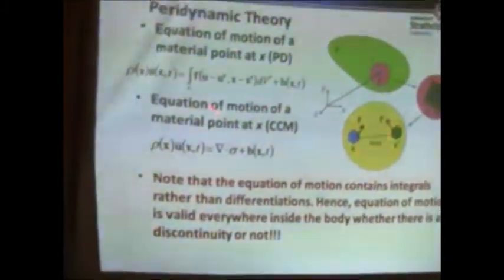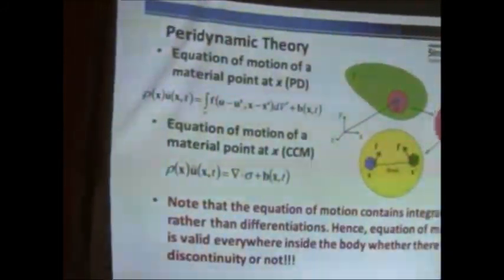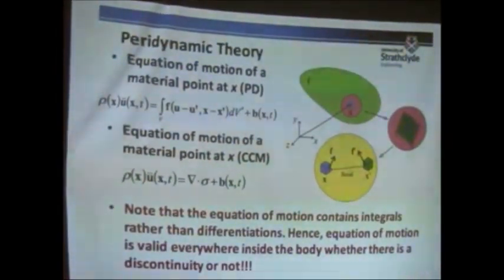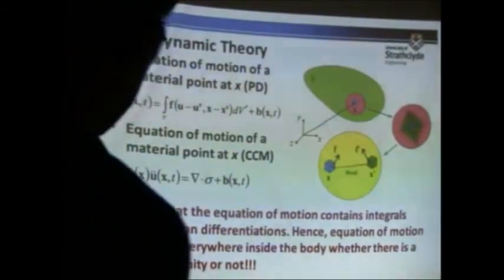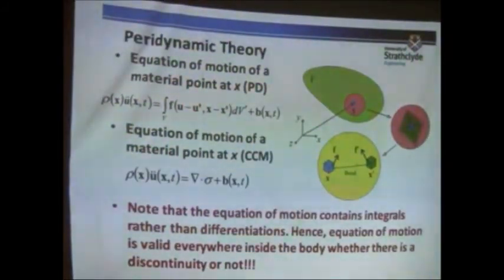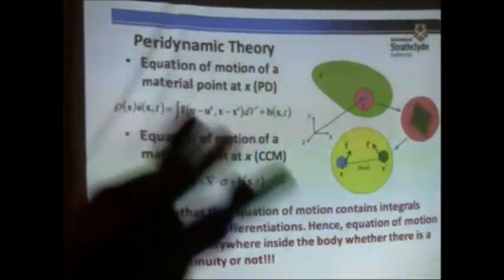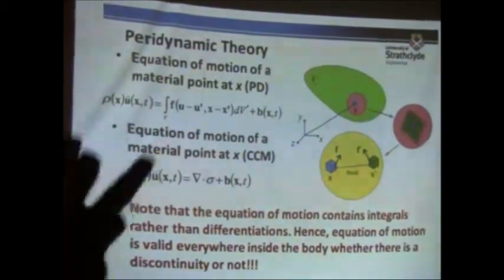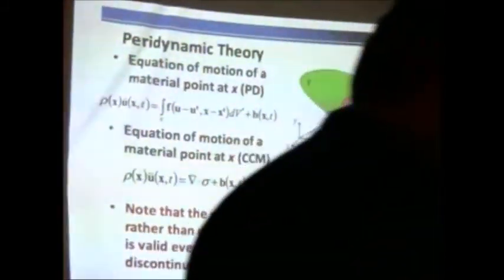So basically, this term describes an integration, or in a crude sense, a summation of all forces acting on a particular material point. And as I will show you, this forcing term, or what we call the response function, does not contain any derivative. So that means that this equation is always valid regardless of discontinuities.